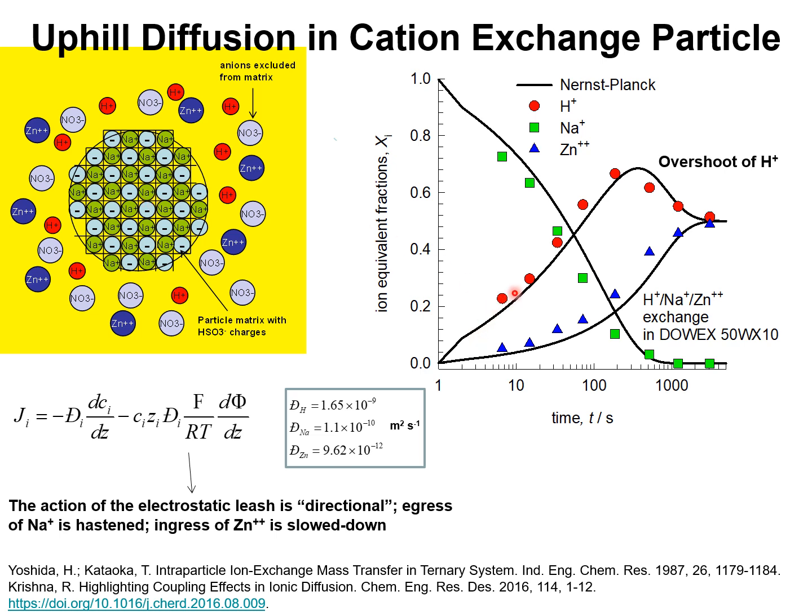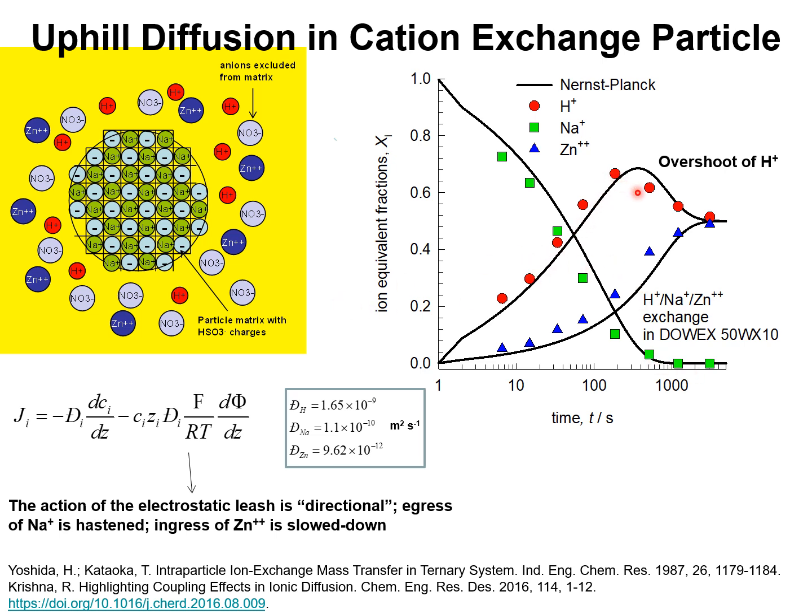The uptake of the hydrogen ions is indicated by the red circles. The uptake of the zinc cations is indicated here by the blue triangles, and the egress of sodium cations is indicated by the green squares.